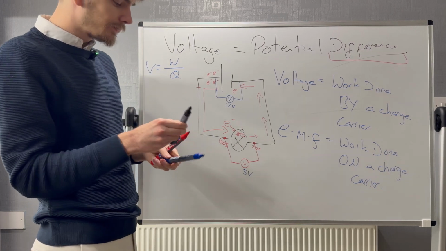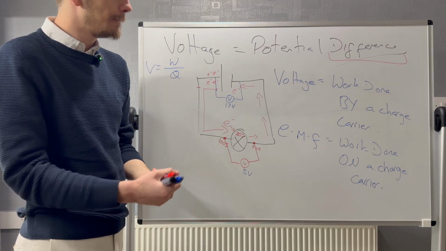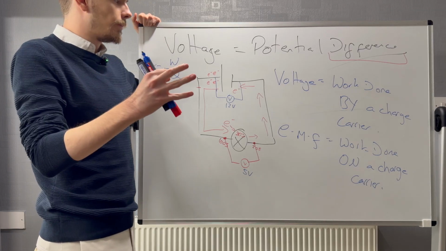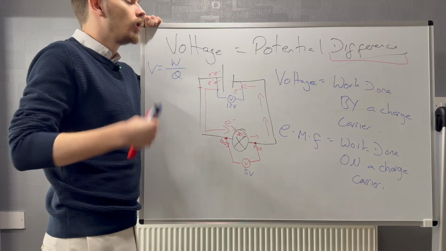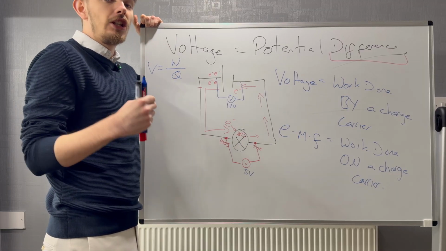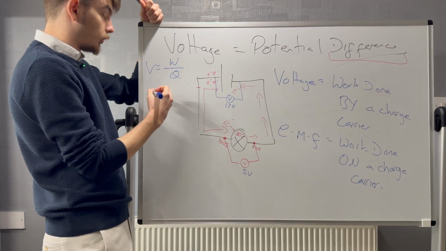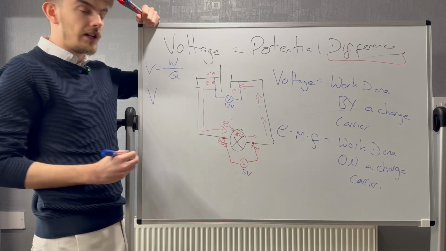Now, hopefully that wasn't overtly confusing, okay? But all we need to remember is it's all to do with energy. Now, a couple of caveats. Voltage is not a unit of energy, okay? We measure voltage in volts, but it is not a unit of energy.